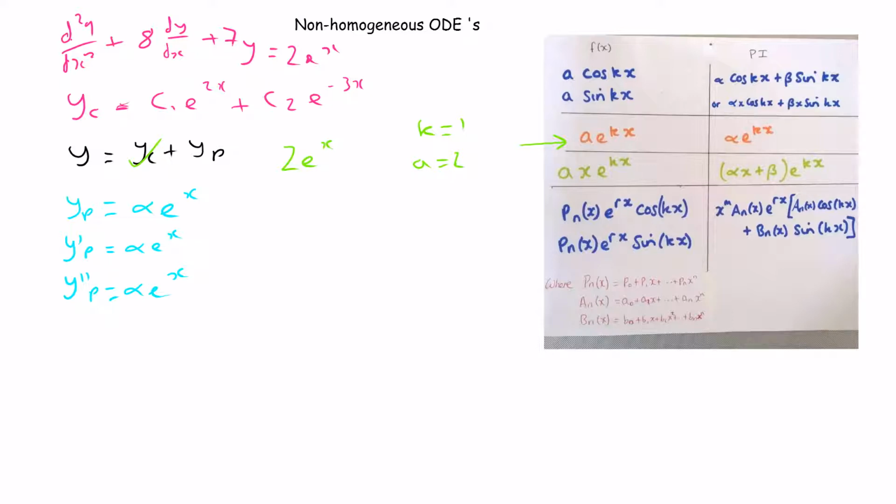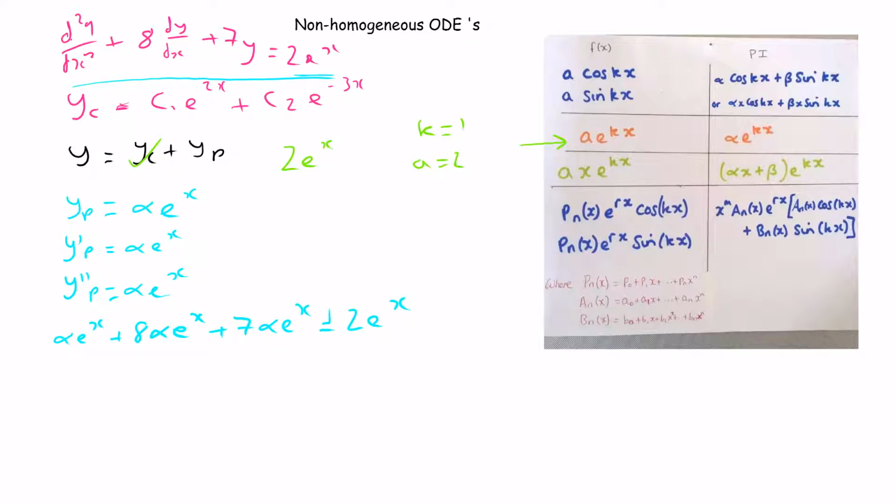So we've got our three values, yp, y dash p, and y double dash p. We can sub these into the original ordinary differential equation. So on the left hand side we've got alpha e to the x plus 8 alpha e to the x plus 7 alpha e to the x is equal to 2 e to the x, which is just our right hand side from the top.